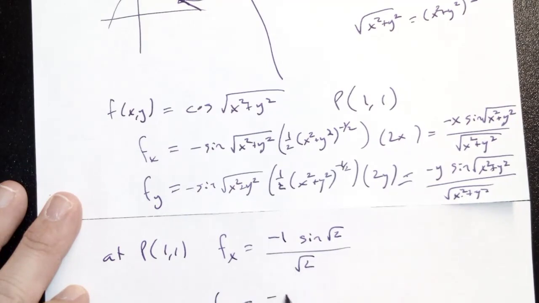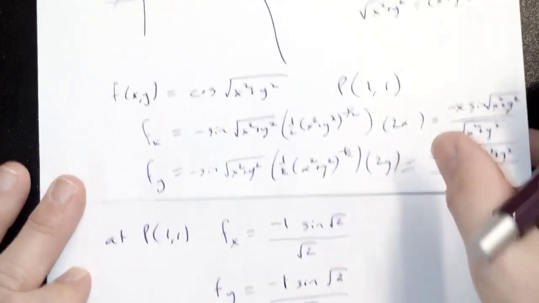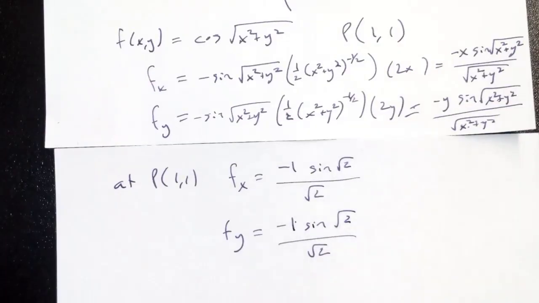Fy is the same thing. These are disgusting looking numbers, but they are both negative. You can get me a decimal if you want. I'm going to leave it just like that. But now I know the equation for my tangent plane. Almost.